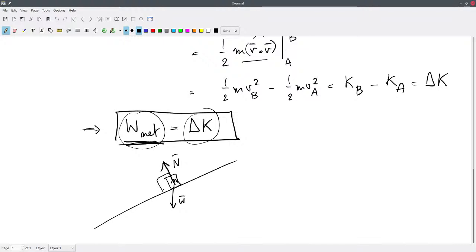Let's assume there's no friction. So this is an inclined plane with no friction. So what will happen is there's going to be a net force that's going to be pointing downwards along the slope. So that's our net force, and that will be proportional to our acceleration, right?